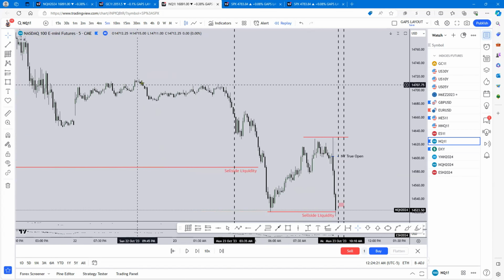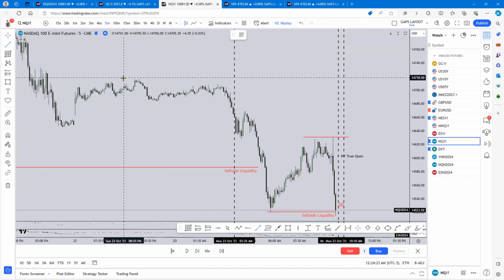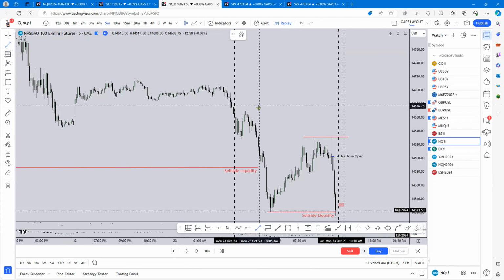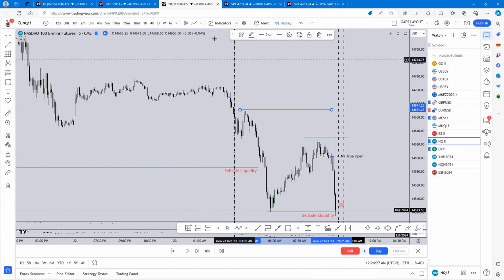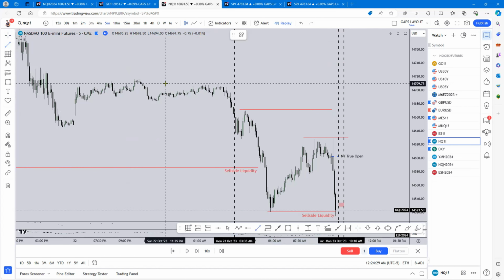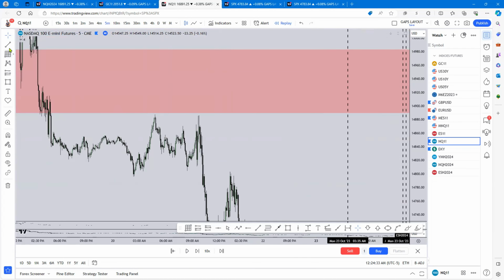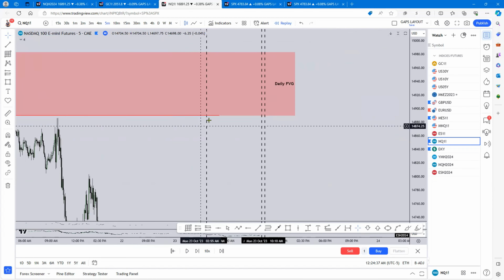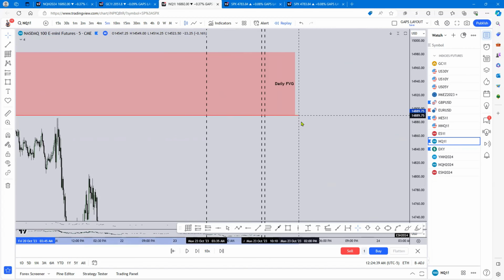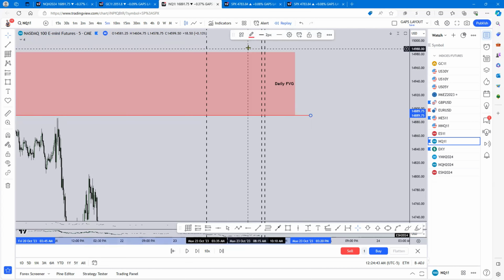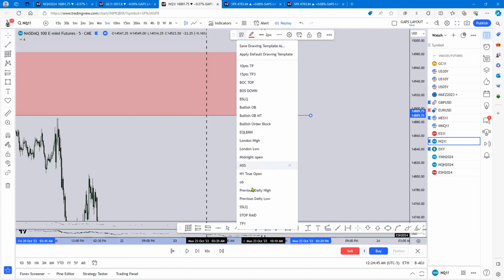We have buy side and equal highs up in here, all these highs here. We have these highs, and then we also have these equal highs up here, which would be our overall draw on liquidity to the daily. This is our buy side liquidity.